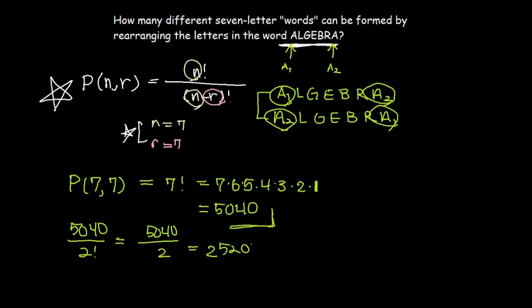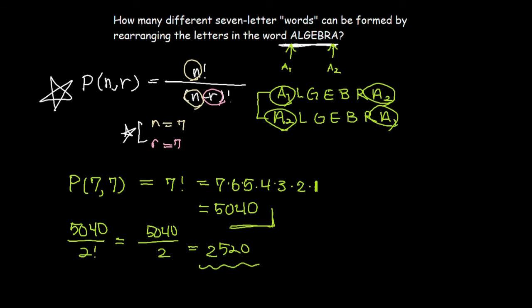And that is the final answer to the question, not 5,040. Always be careful, because this is a common mistake that students make all the time. I can't stress that enough, because as a person who always attends math competitions, I have made this mistake too in the past. Always remember to check if any letters are repeating, like in algebra.